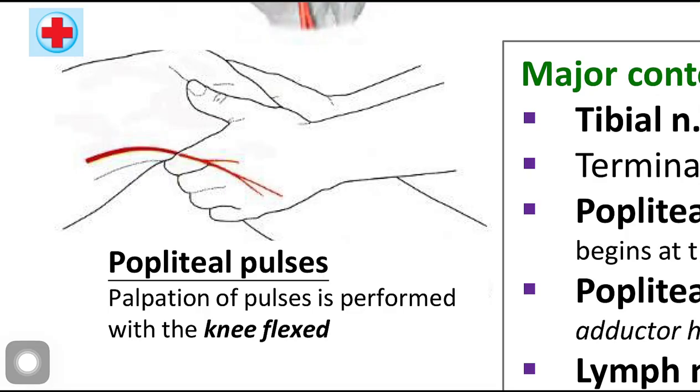You cannot feel it. So if you have to do so, you have to bend the knee a little bit like this, and then you apply force so that you can find the pulse. This is the difference, right? For the femoral pulse, it is quite obvious because it's just right underneath the inguinal ligament. But for this one, you have to bend the knee like this, and then you apply some compression, and then you can feel the pulse.